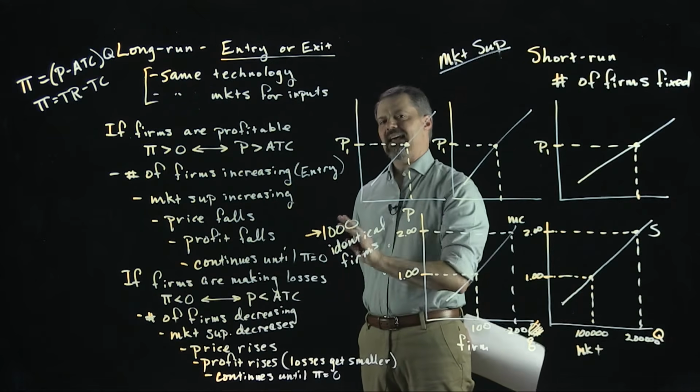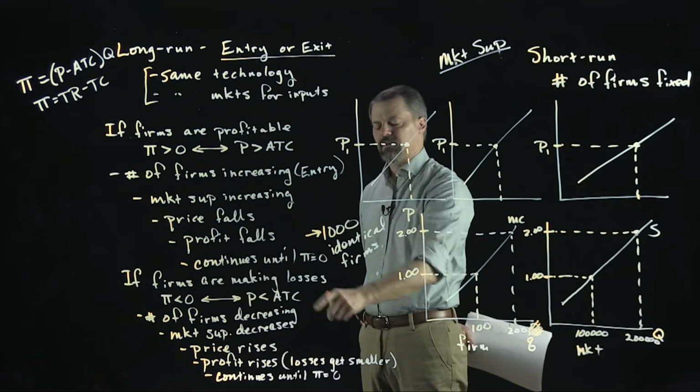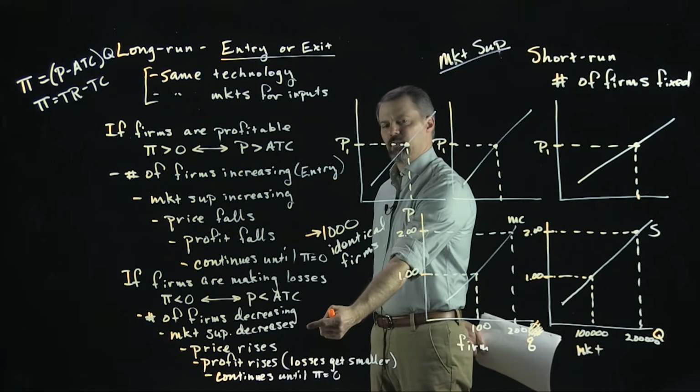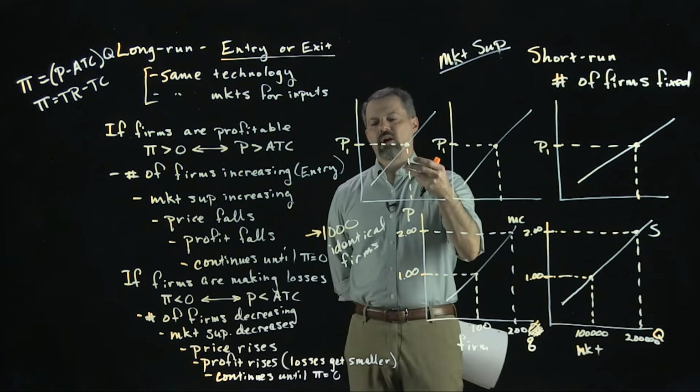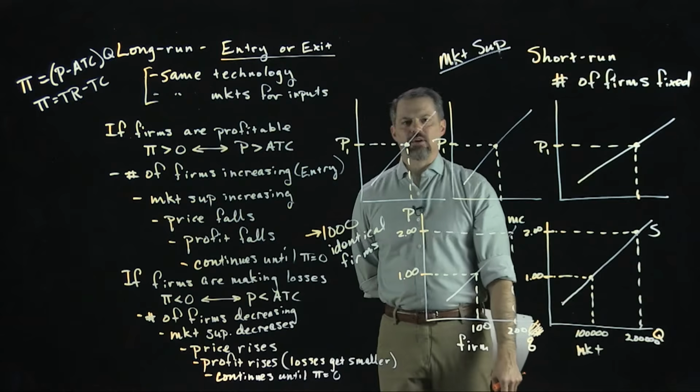These firms are not exiting to help the other firms that stay in the market. They're exiting because their profit is negative. But when they exit, that causes market supply to decrease, it causes price to rise, and that will continue until profit goes to zero.